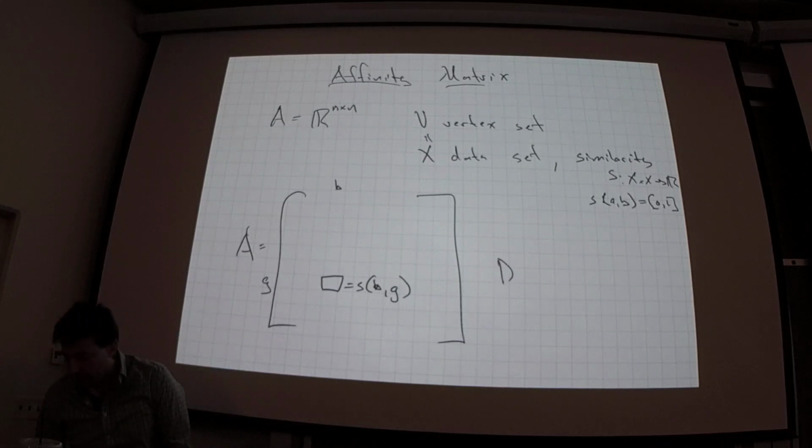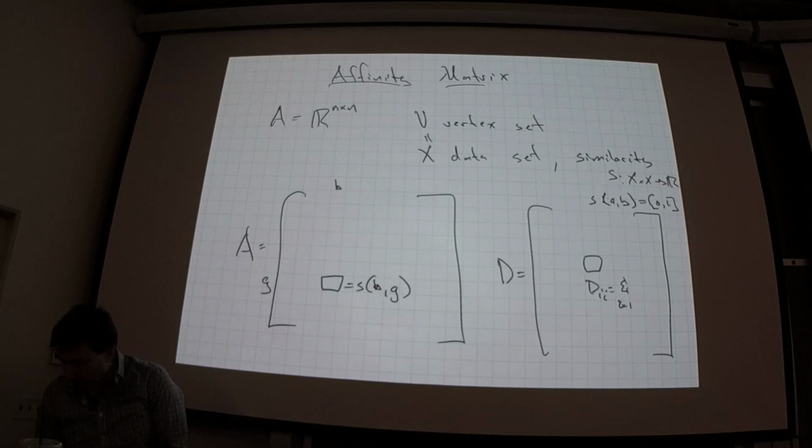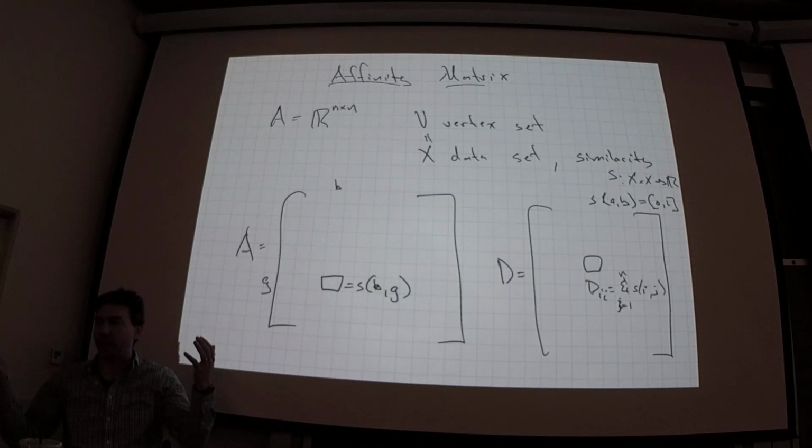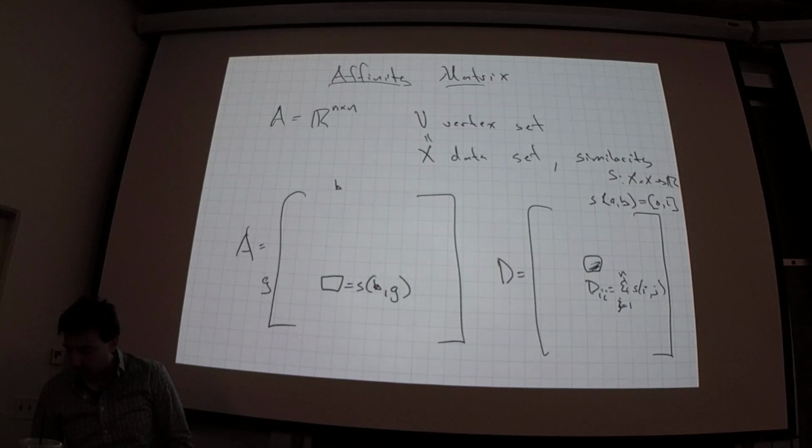I can then define the degree matrix here, where a cell, d_ii, is the sum over j from 1 to n of the similarity between nodes i and j, and the off-diagonal entries are all zeros again.